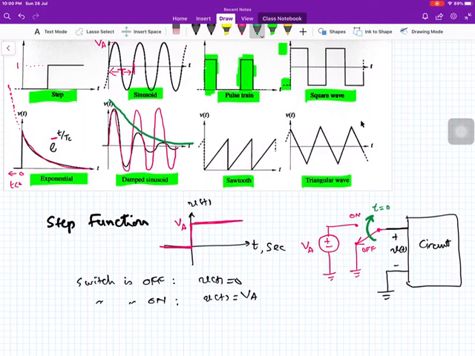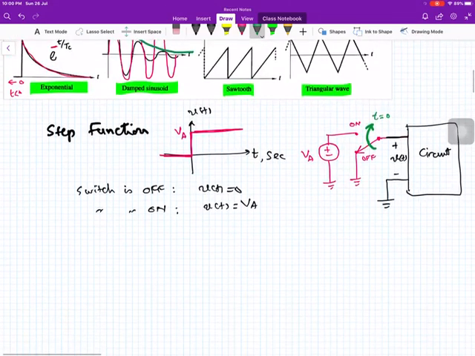Now how do we express this unit step function mathematically? This unit step function is 0 for t less than 0.